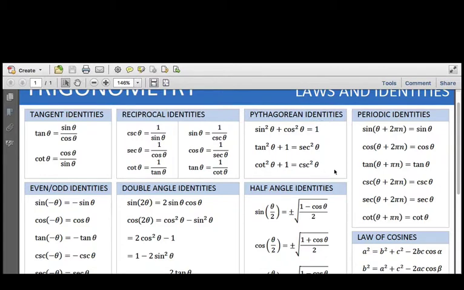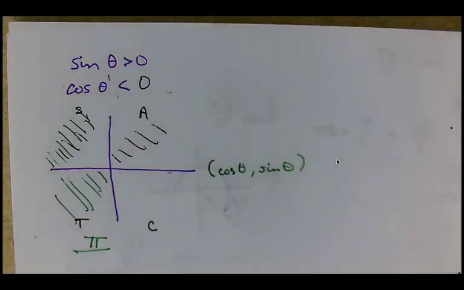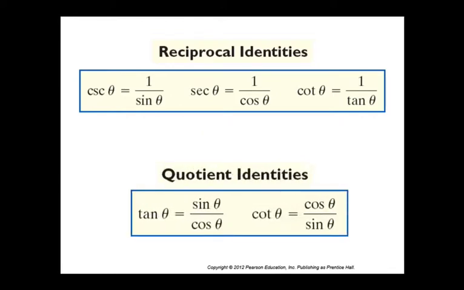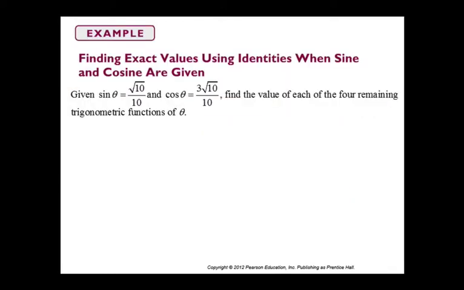These are the only identities that you're allowed to use for this section when it comes to solving these kinds of equations. Okay? So let's go back and take a look. We have the reciprocal identities, the quotient identities, and we have an example.